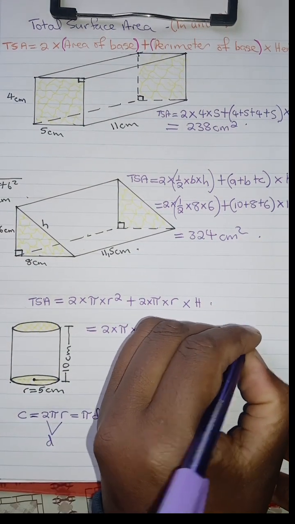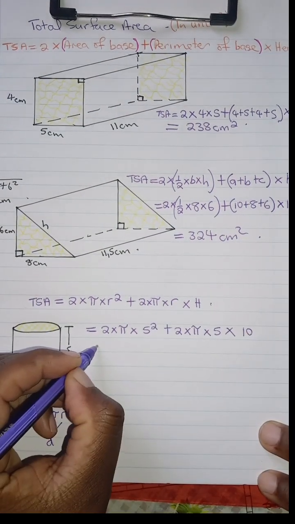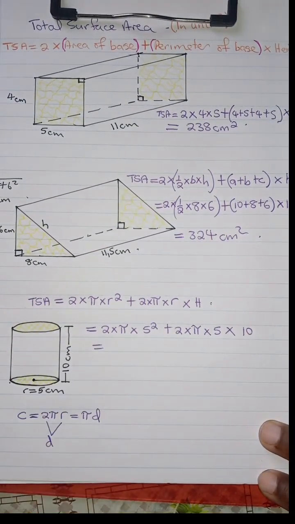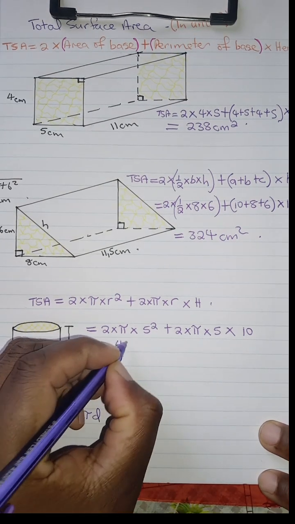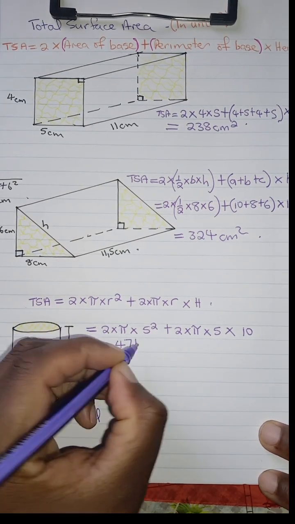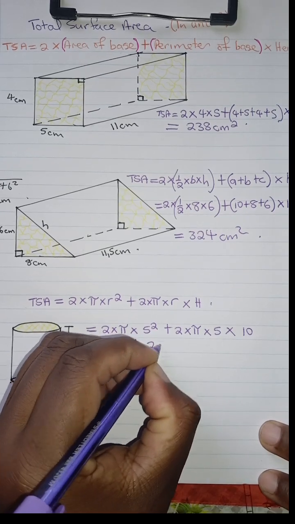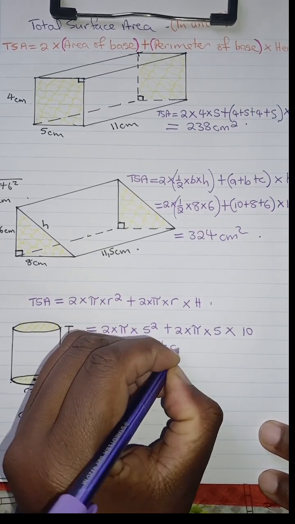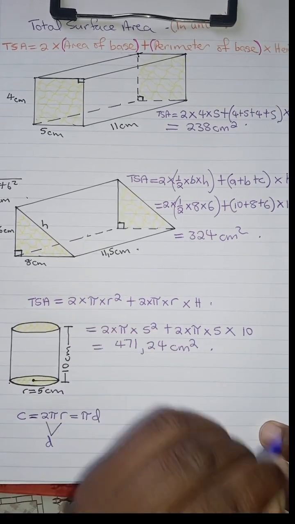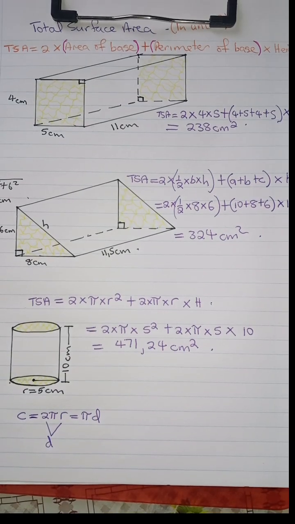And on your calculator, this is going to give us 471.24 square centimeters. This is how we calculate total surface area of a 3D object.